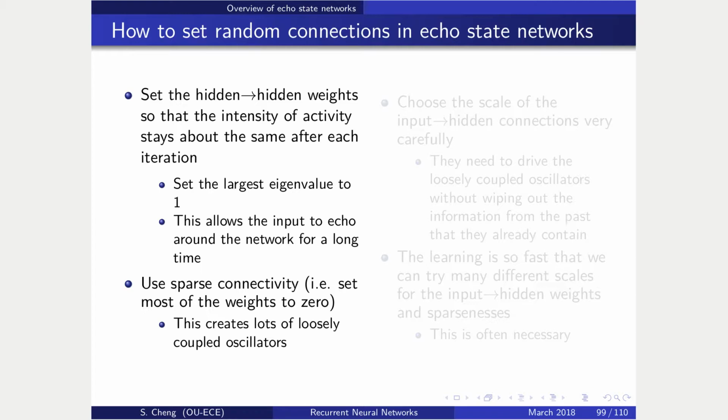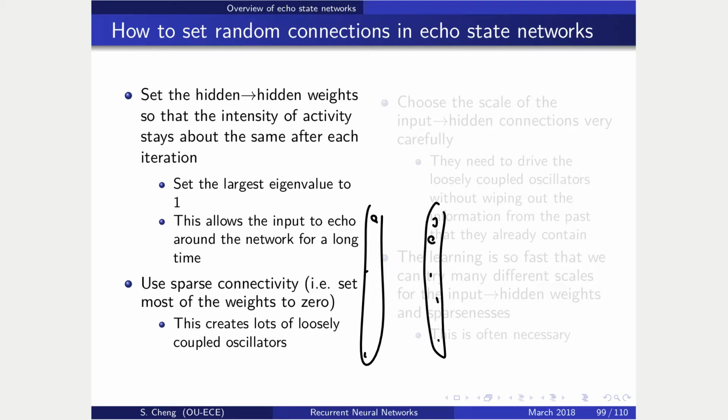Think of this model: this is the hidden layer, and it connects back to every unit. It's drawn pretty badly, but let's say this is the next time instant. What I mean is it should be sparsely connected from this time instant to the next time instant.